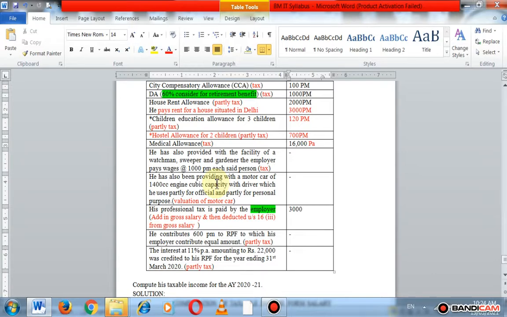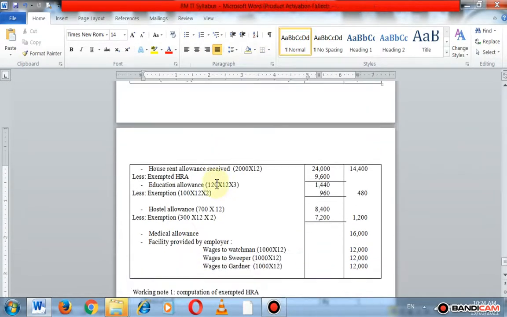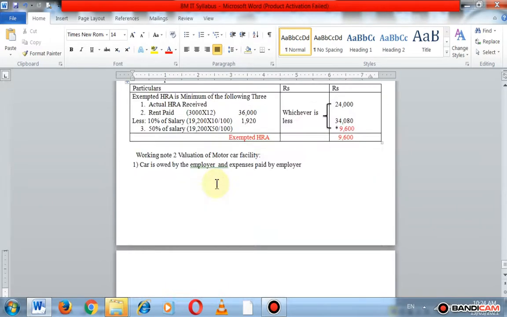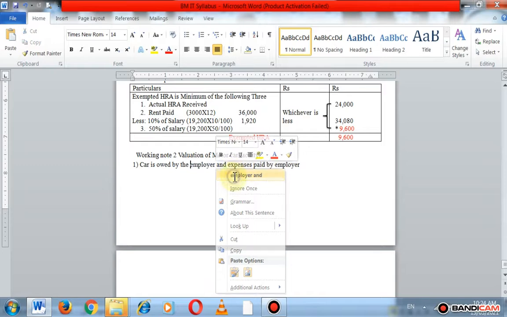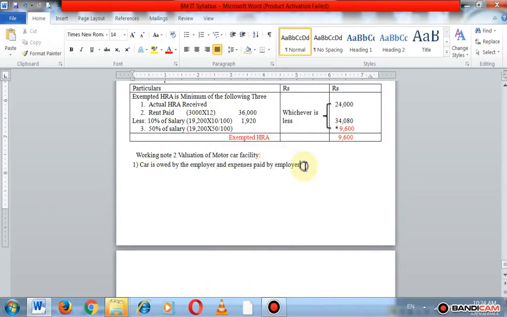So we consider that the car is owned by the employer and expenses are paid by the employer. Got it? And the car is used partly for official and partly for private purpose. So remember this: the car is owned by the employer and expenses are paid by the employer.